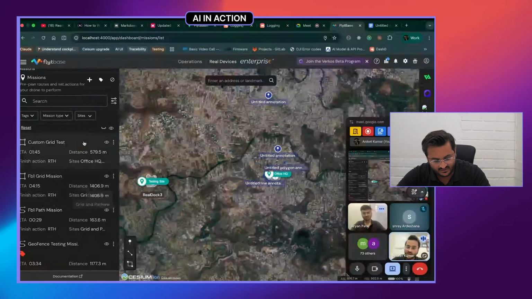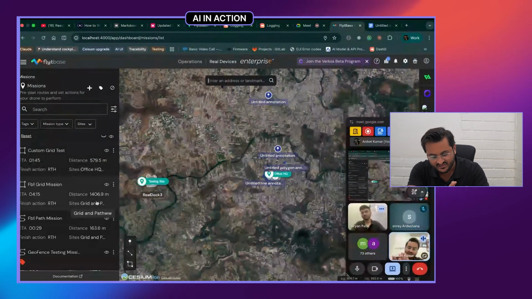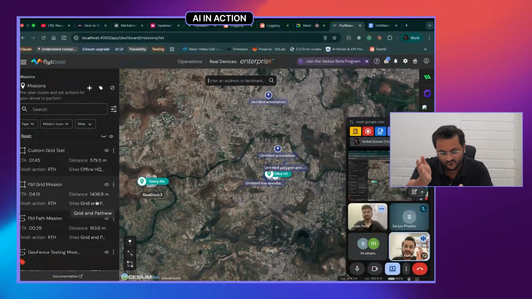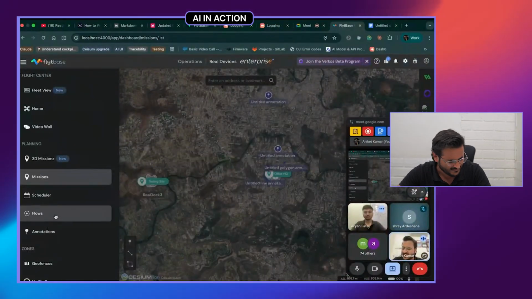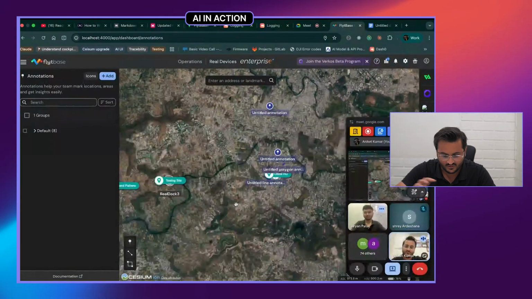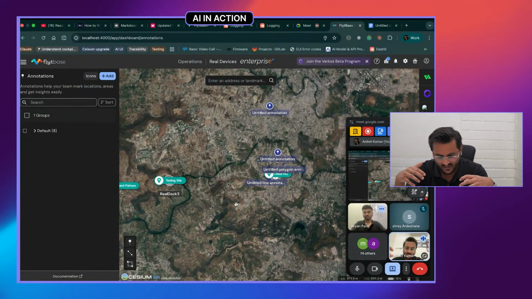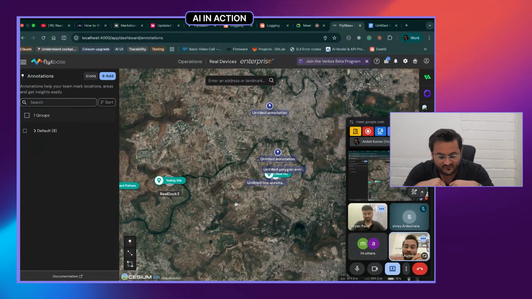If you take the example of this mission flow, for the mission I need to do n number of steps, and for the annotation I need to do a certain number of steps. But through this flow I didn't give it the context of what the feature is.